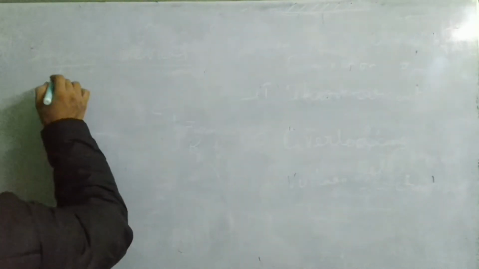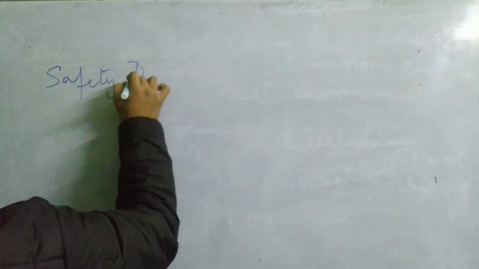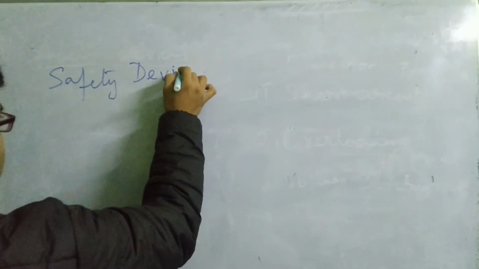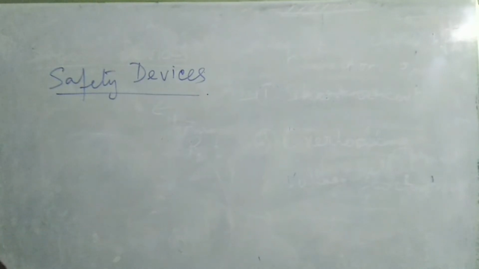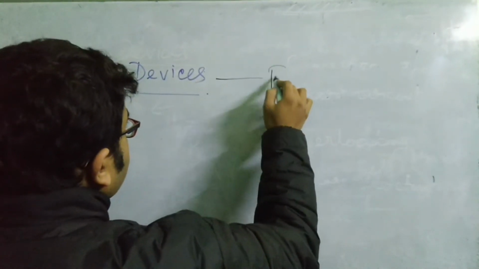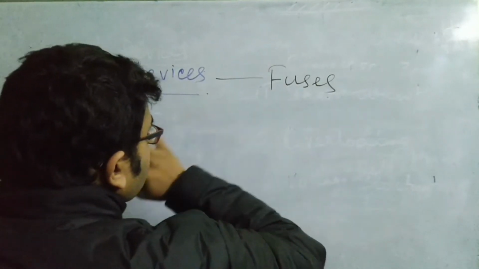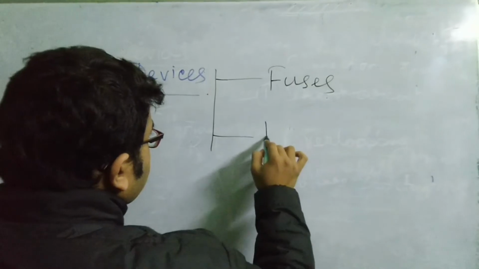What are the safety devices that you mainly use in our household circuits? Now see, in your syllabus there are mainly two safety devices mentioned. One is the decades-old fuse that you use. Everybody knows that there are fuses in our houses. And the second safety device that we are talking about is the MCB.